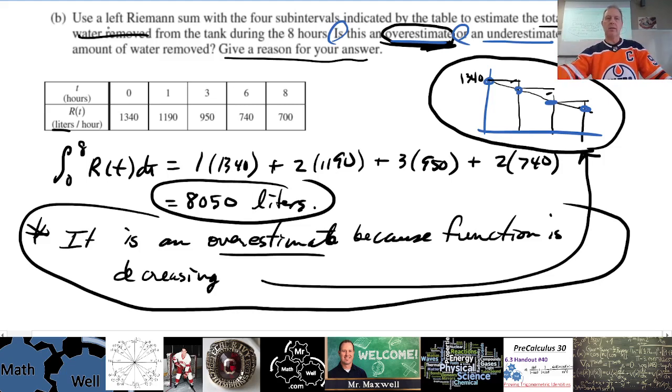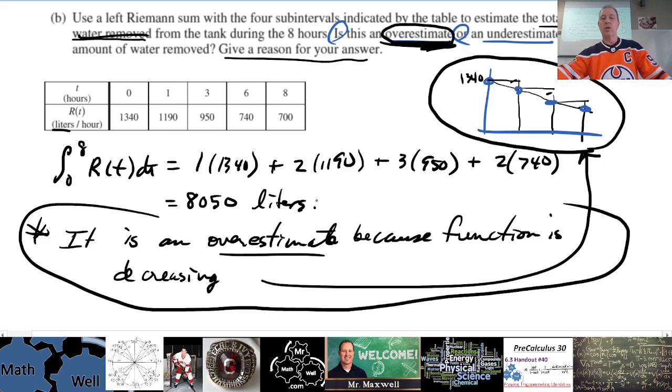Just make sure that it's indicated either in the question or in your answer that it's removed. So if it says estimate the total change in volume of water, you'd have to make sure 8,050 liters removed. Okay? Or negative 8,050 liters change. Water is being added though. No, not for this one.